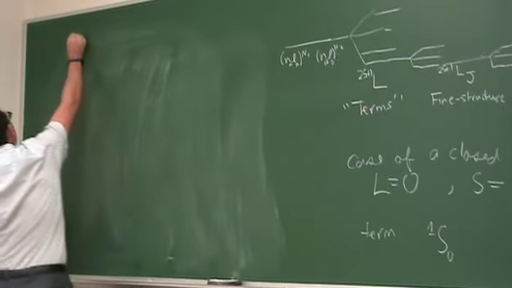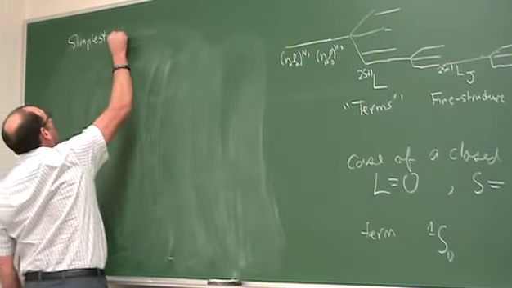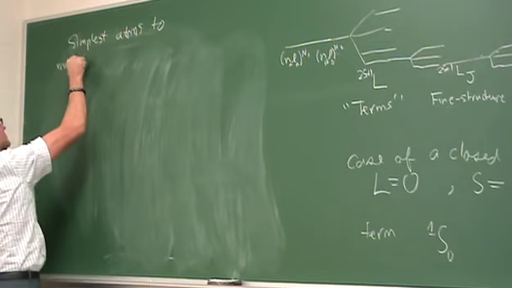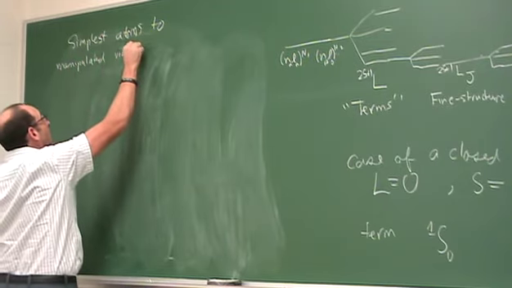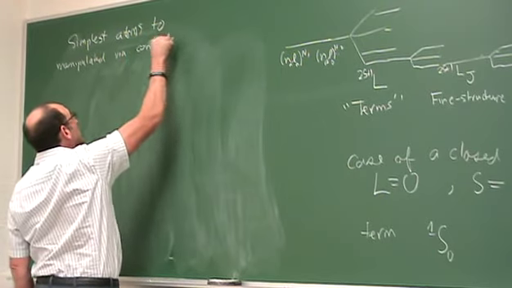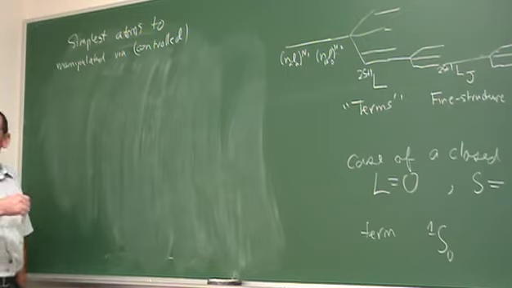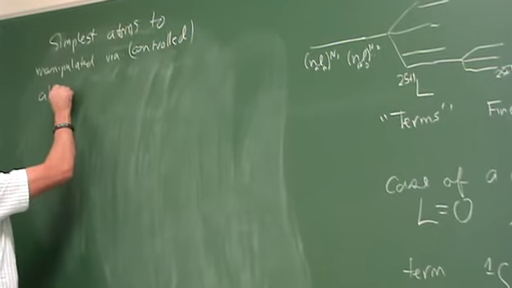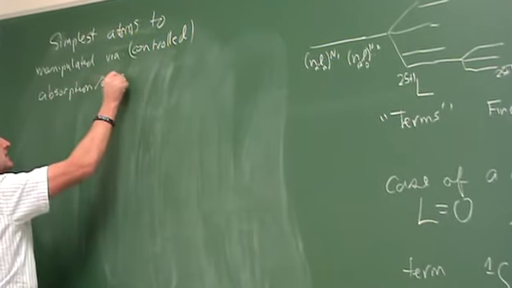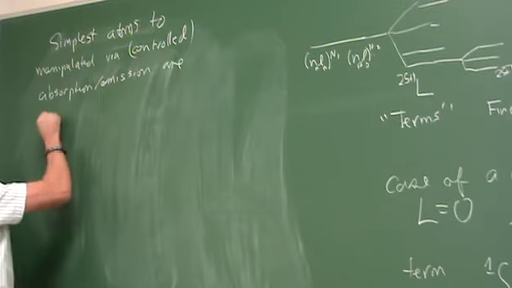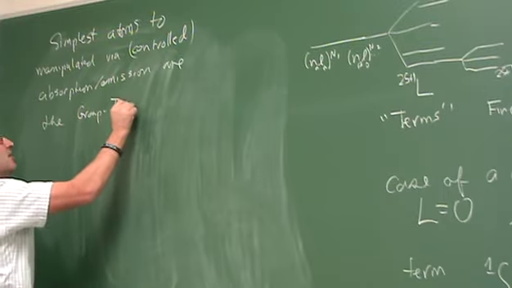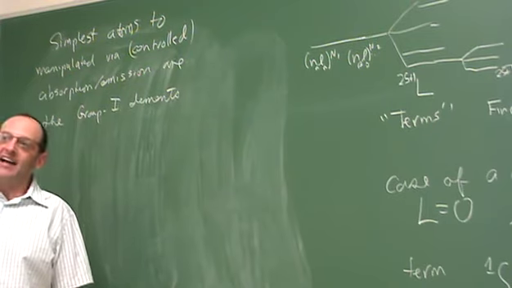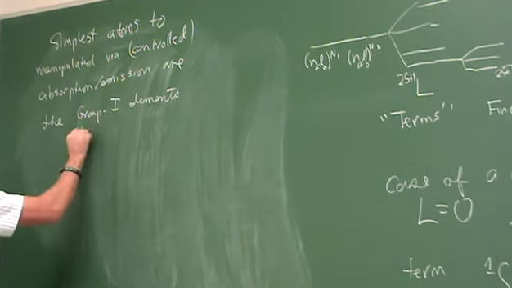So the simplest atoms to manipulate via absorption and emission (controlled, in parentheses; we don't necessarily have to control it, but ultimately that's where we want to go) are the group 1 elements of the periodic table, because the group 1 elements have one optically active electron, period. And those, of course, are the alkali metal atoms.